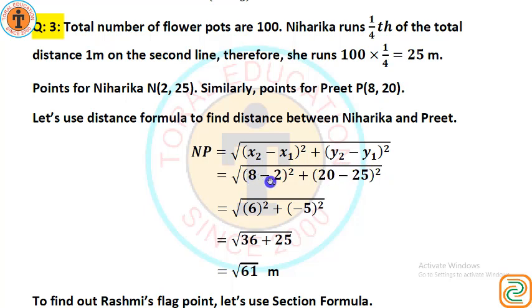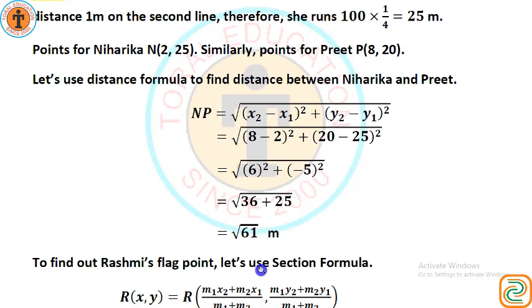X2 minus x1, that is 8 minus 2, 8 minus 2 whole square, and 20 minus 25 whole square. 6 square plus minus 5 square, 6 square is 36 and minus 5 square is 25. 36 plus 25 we got 61 meter, but under square root. The square root of 61 is an irrational number, so we cannot show it in the form of decimal.